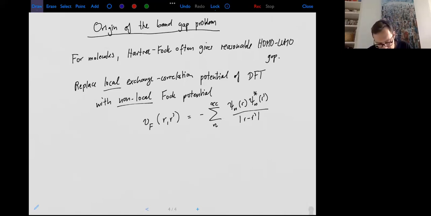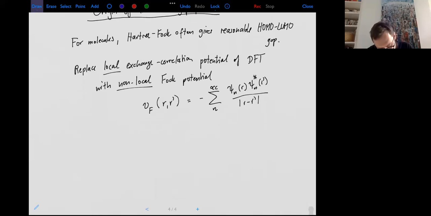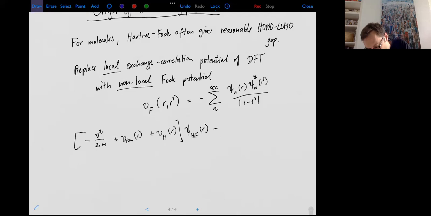So the equation that we solve is the following. We've got our kinetic energy, our interaction with the atomic nuclei, and our Hartree potential. These are all local objects. And then we have this Fock operator, which is a non-local operator.